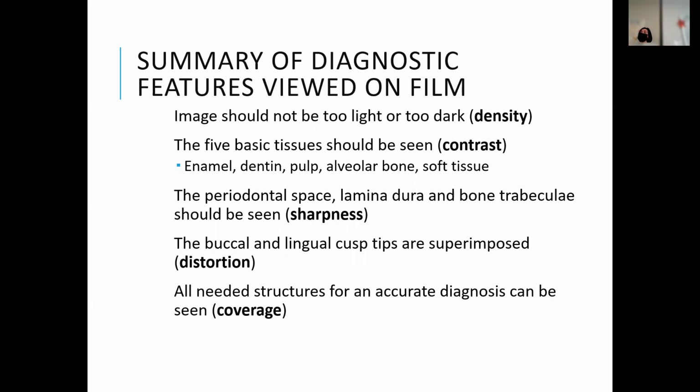The periodontal space, the lamina dura, and the bone trabecula will be seen with sharpness. So the outline of the tooth, that little lamina dura going around the root, and then seeing that bone trabecula all throughout the bone, that's going to be some nice sharpness. The buccal and lingual cusp tips should be superimposed.